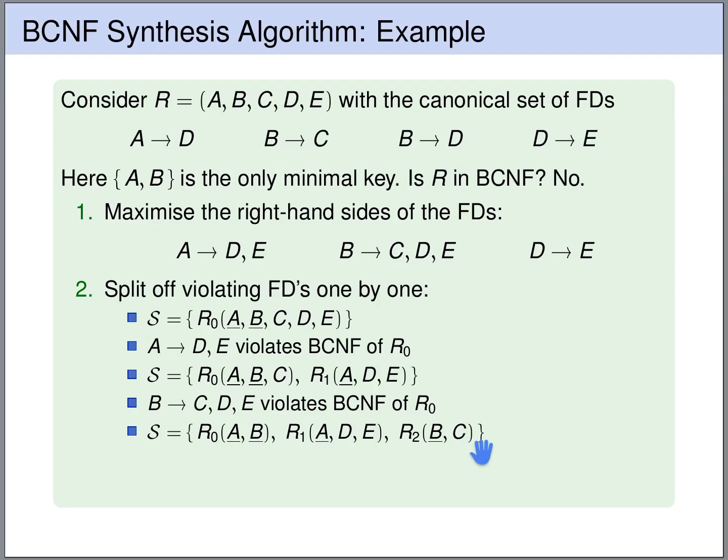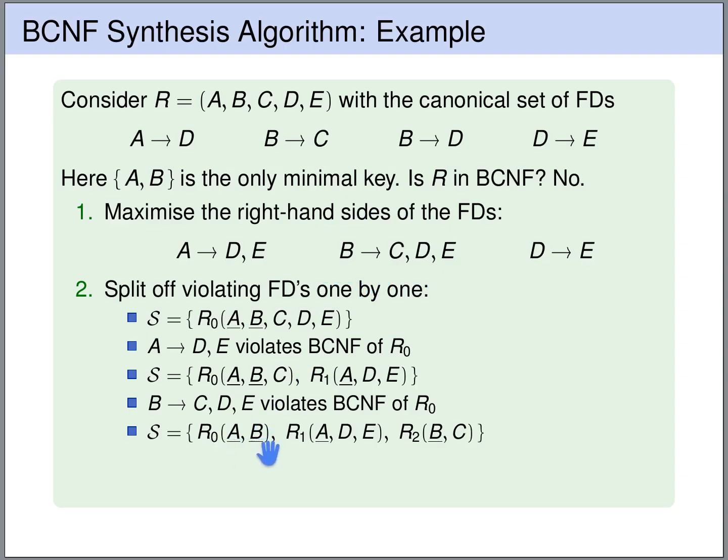And in this step, it was really crucial that one of the attributes in the right appears in this table. So for instance, if we now look at R0, then the left-hand side of this functional dependency still appears here, but none of the attributes in the right. Therefore, this functional dependency no longer violates the normal form of this table.